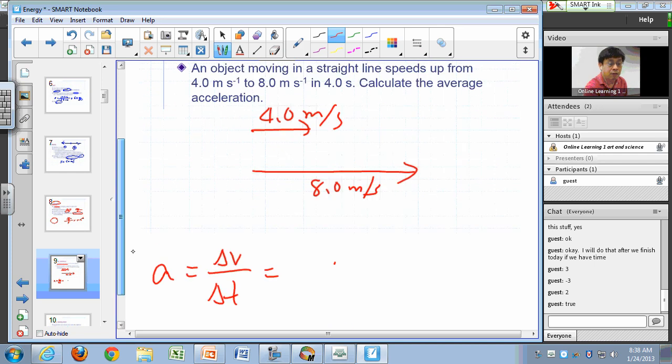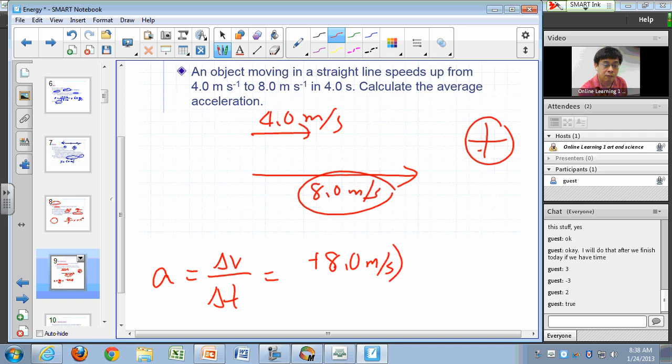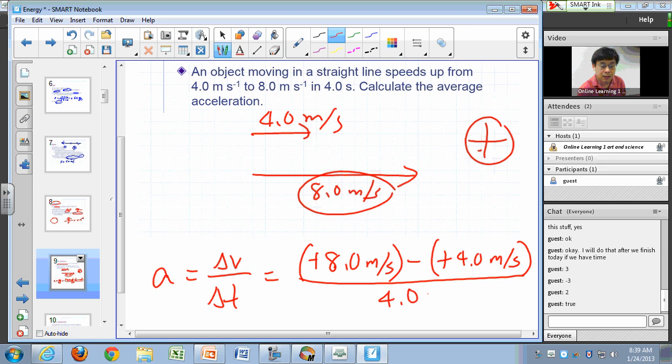All right, so the final speed is 8 meters per second. So we're going to take going to the right as a positive direction. So positive 8.0 meters per second is your final velocity, minus positive 4.0 meters per second, your initial velocity, divided by the amount of time that has elapsed, 4.0 seconds.